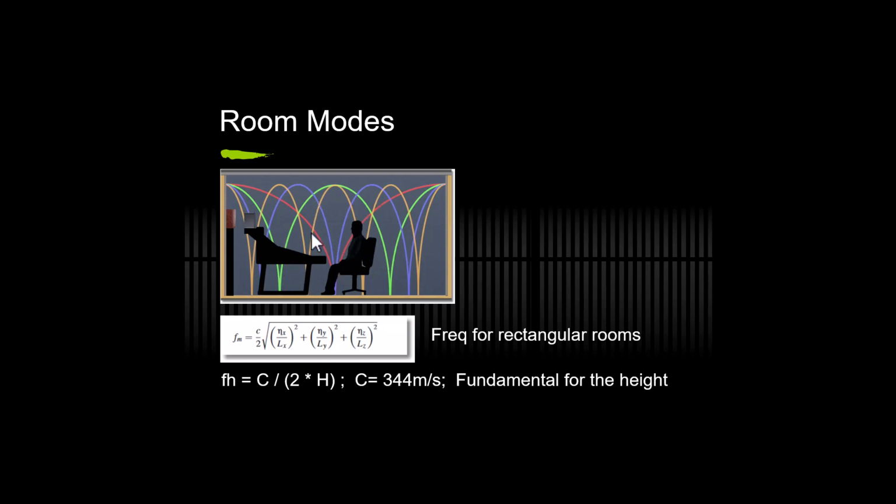For example, if you have a room which is quite large, so the fundamental is around 10 Hz, then you can expect that you have harmonics at 20, 40 and so on. You can see that in this formula. That is the number of harmonics here.